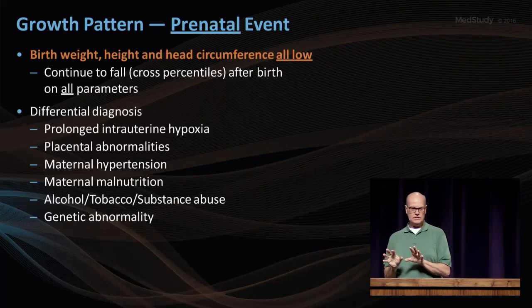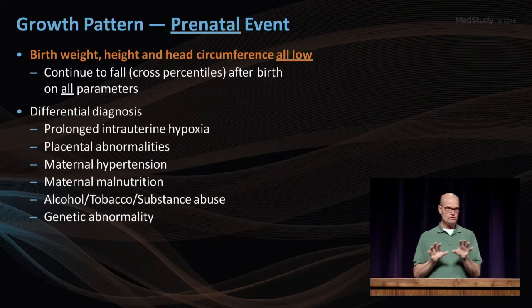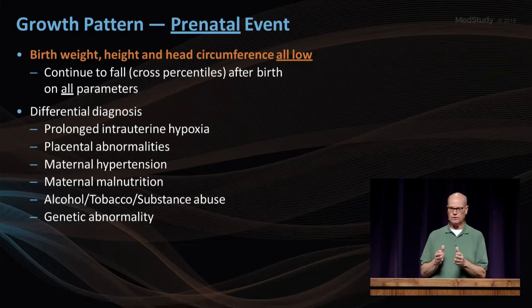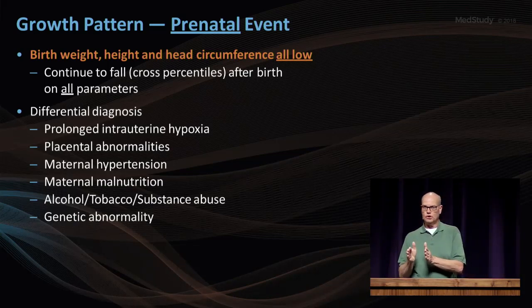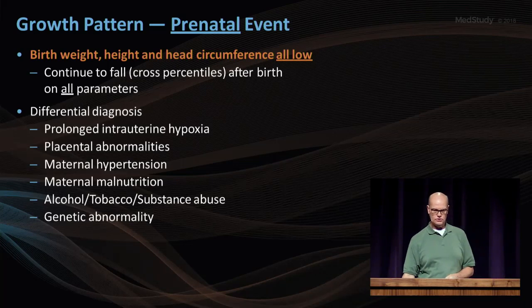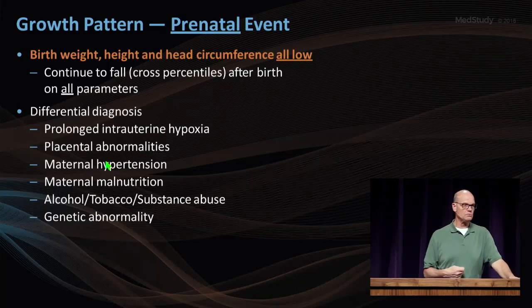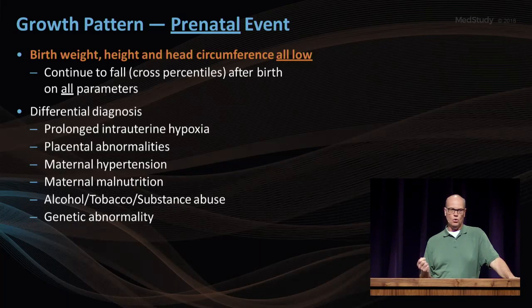So if you see this type of growth pattern and are asked, for example, what might be causing this, look in your answer options for a prenatal event. That again includes all of these particular categories here, related basically to complications of pregnancy, a genetic abnormality, or maternal substance abuse. So, prenatal event.